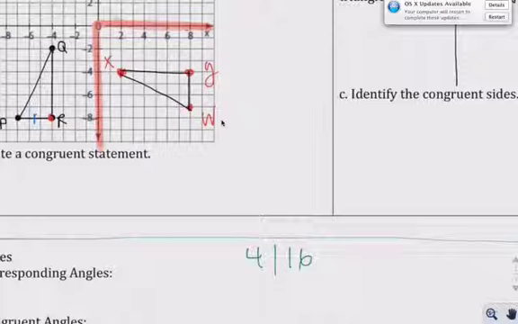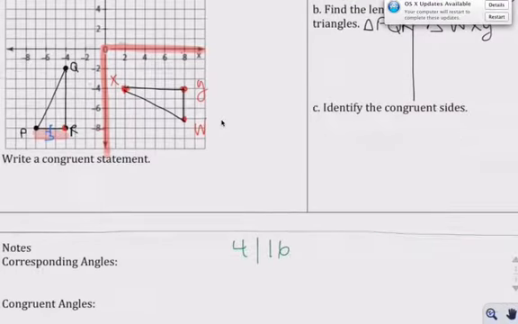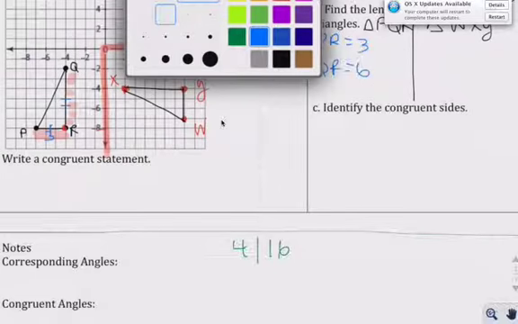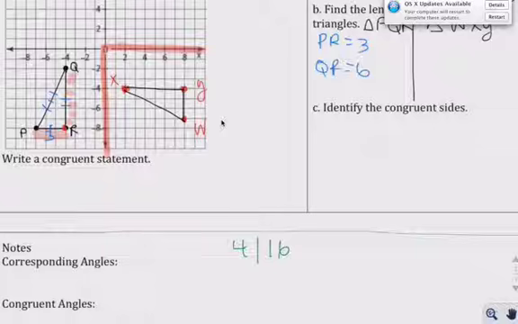That is 1, and there's 3 of them. 1, 2, 3. PR, P to R is 3. The second one is this one here, and there are 1, 2, 3, 4, 5, 6. That's Q to R is 6. The last one is this third side right here. That's P to Q.